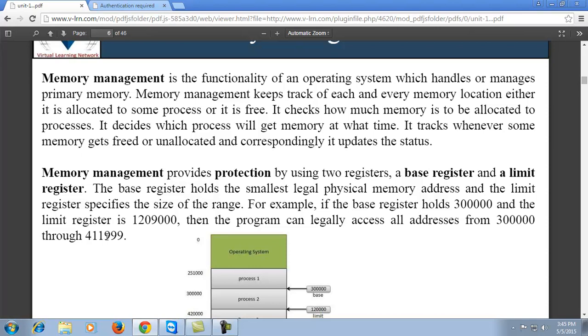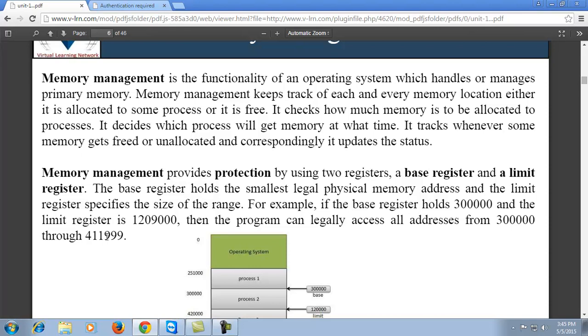It checks how much memory is to be allocated to processes and it decides which process will get memory at what time. It tracks whenever some memory gets freed or allocated, which one is unallocated, and correspondingly it updates the status.